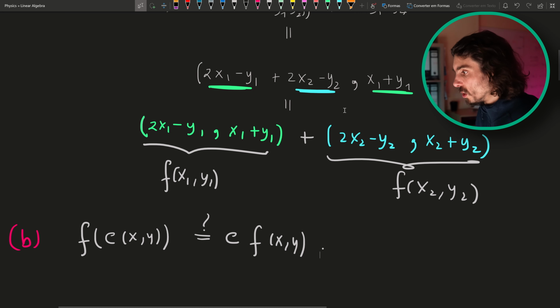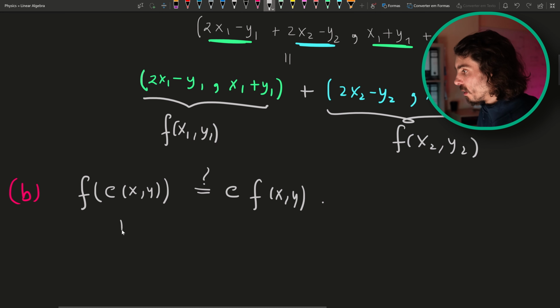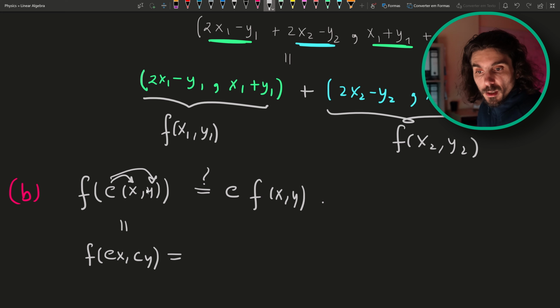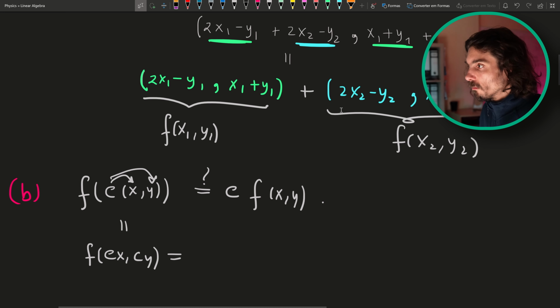Well, again, we just substitute what we know about f. Let's do it carefully. c x, c y, fine, you just do this, this times that. After all, V is a vector space, and we are allowed to do that.